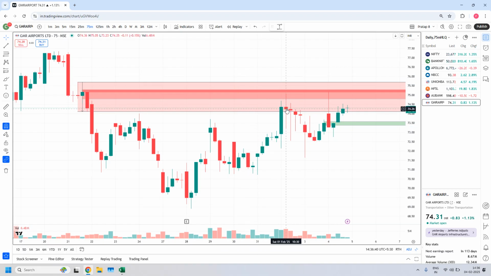Are you seeing this Saturday 10:30 candle? If this candle would not have existed, if this price action would not have happened on Saturday, definitely I would have ignored this stock today. Definitely we would have missed a very good trade opportunity.